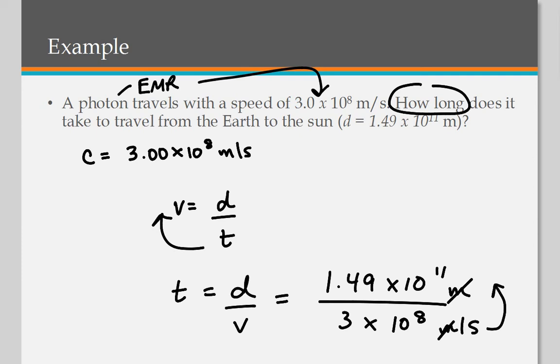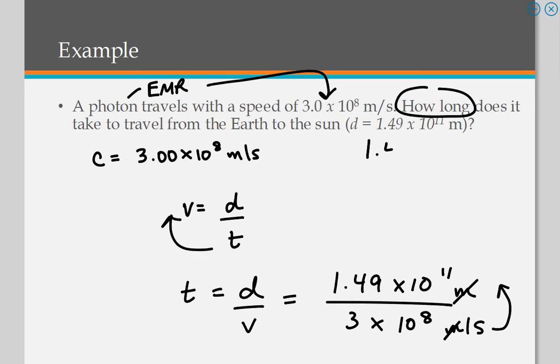Second comma replaces the times 10. Then you just type the 11. So in the calculator, I got 1.49 E11 divided by 3E8, and that will solve it for you. Okay, so about 496.6 seconds.